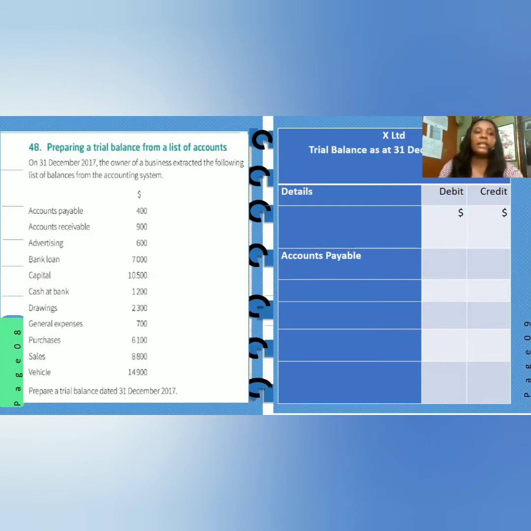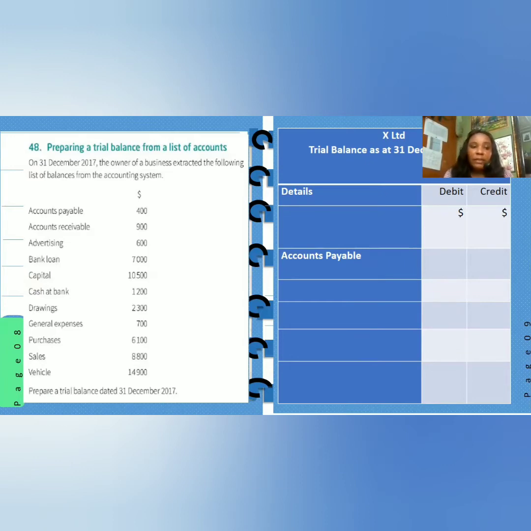And so the question, let me read the question for you. On December 31, 2017, the owner of the business extracted the following list of balances from the accounting system. Accounts payable, $400. Accounts receivables, $900. Advertising, $600. Bank loan, $7,000.